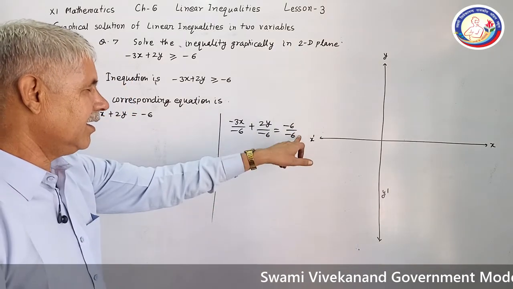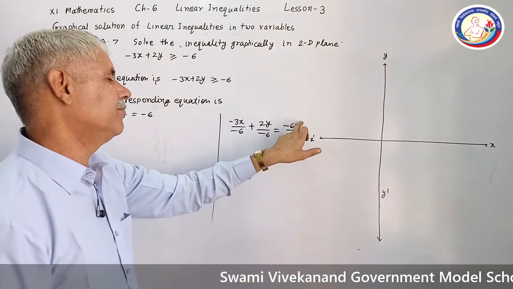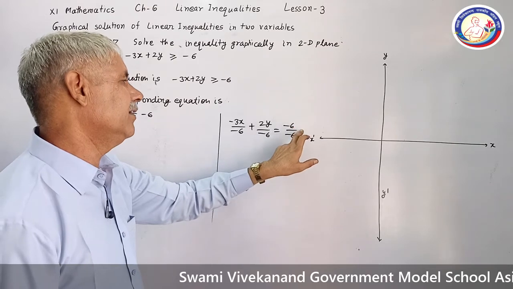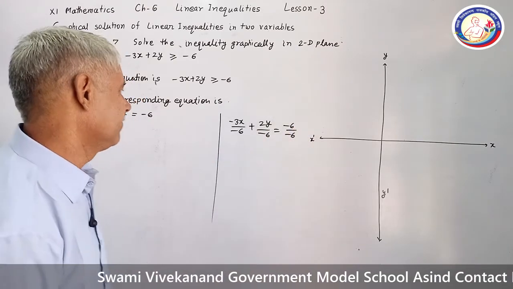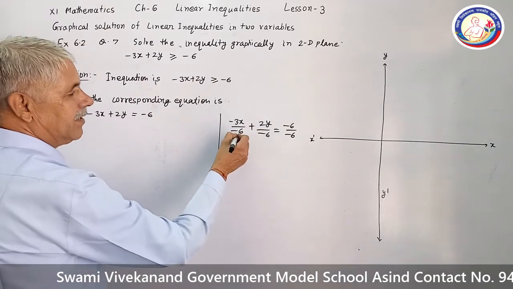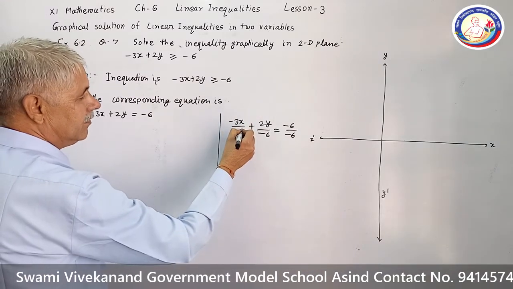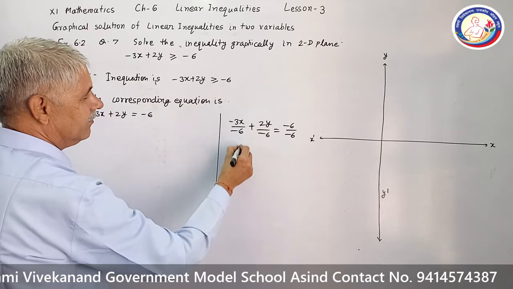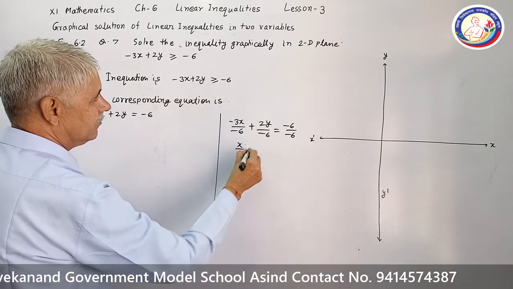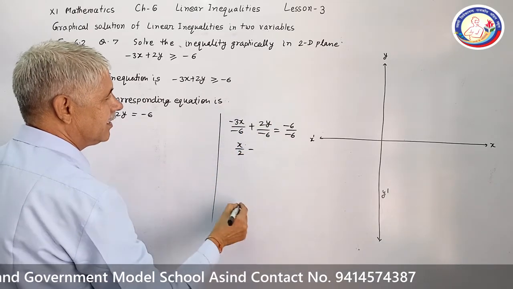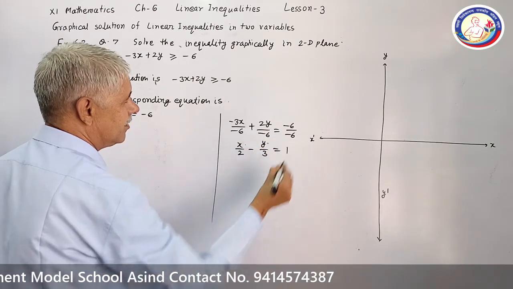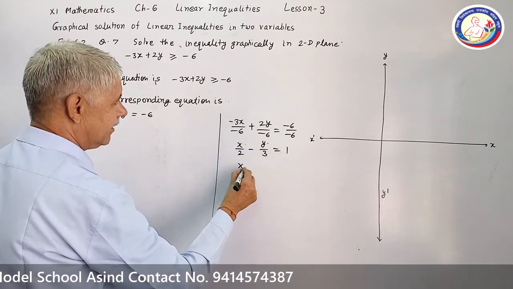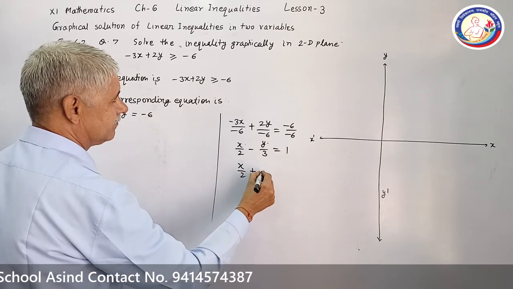Remember, here we are to bring 1 with positive sign. No negative sign will be taken as correct. Minus and minus plus, 6 divided by 3, it will be x by 2, and here it will be minus sign, and we will have y upon 3.